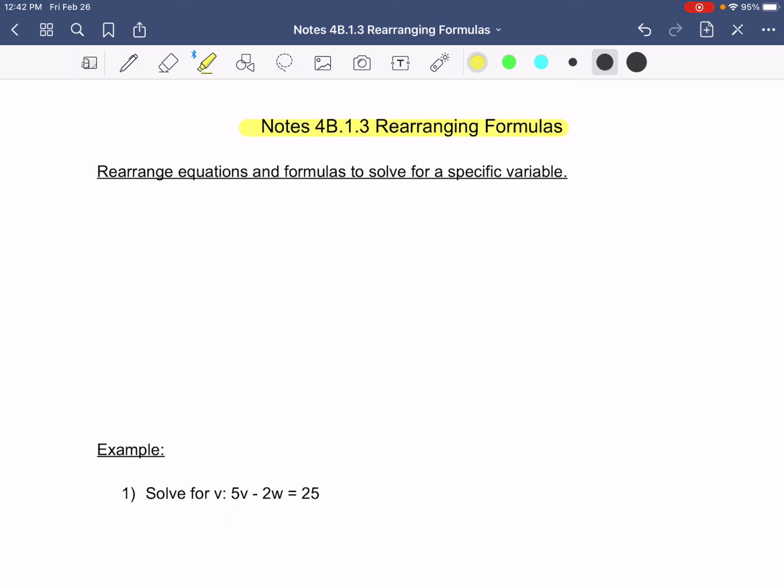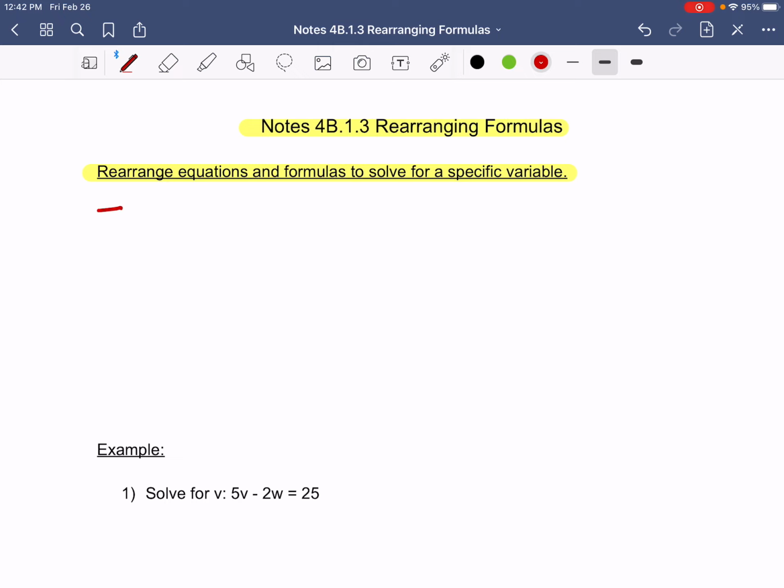4B.1.3 rearranging formulas. And then you can put your first line, just rearrange equations and formulas to solve for a specific variable. So you might hear these as literal equations or rearranging formulas, or the problem might say like make x the subject or something like that.